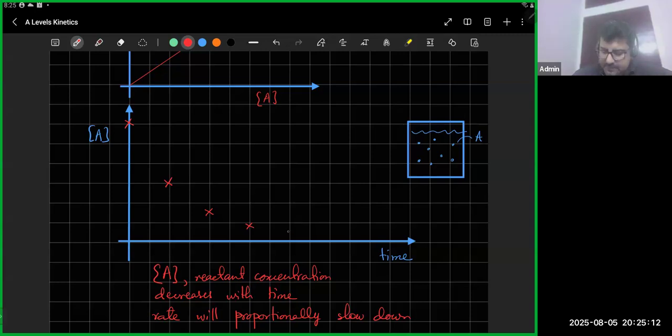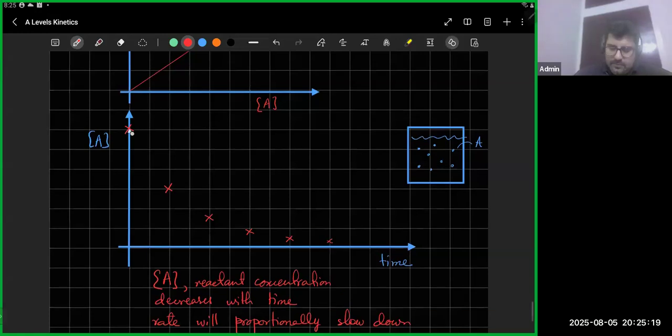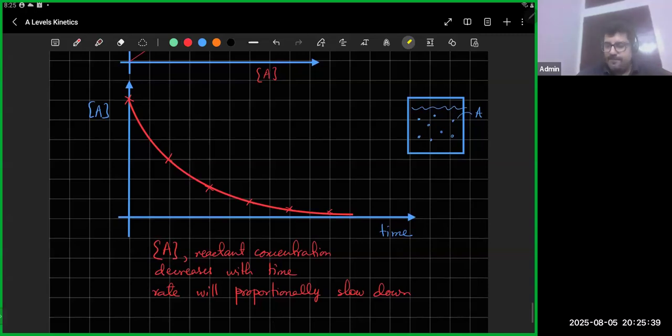So the idea is, now listen carefully. A's concentration is decreasing and the reaction will slow down.